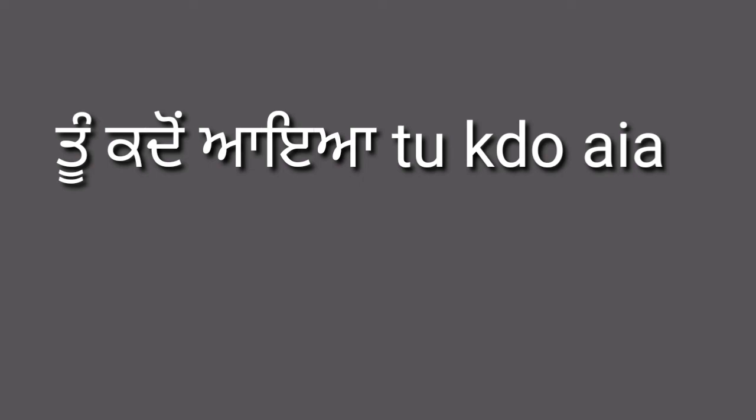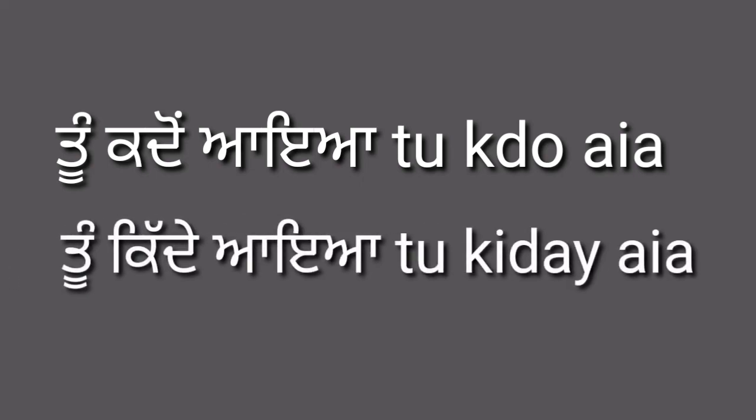But if I say tu kidde aaya, it means I'm specifically asking you the day when did you come. When we use kidde, it means we are looking for the day. If we ask kadon, it means we are just trying to find when did you come or when anything happened. If we use kidde, then it means we are looking for a specific day or a date.